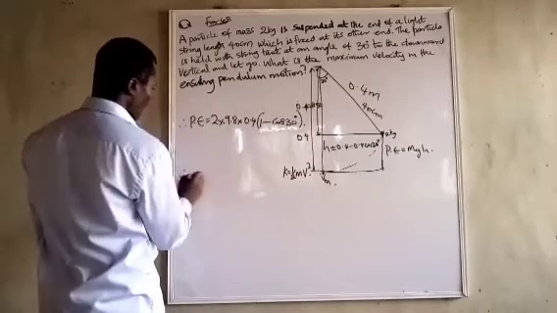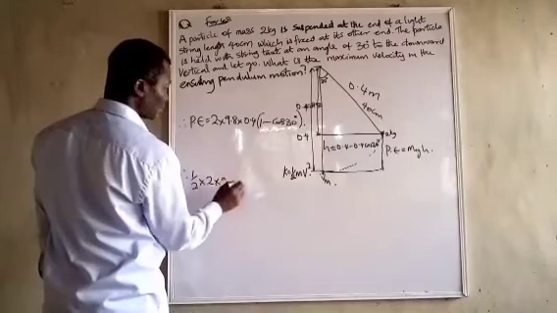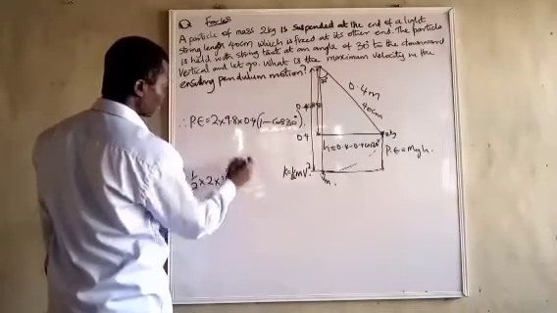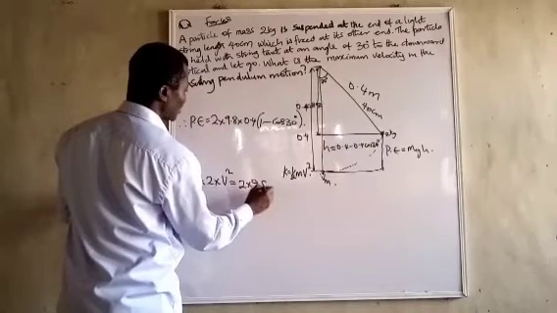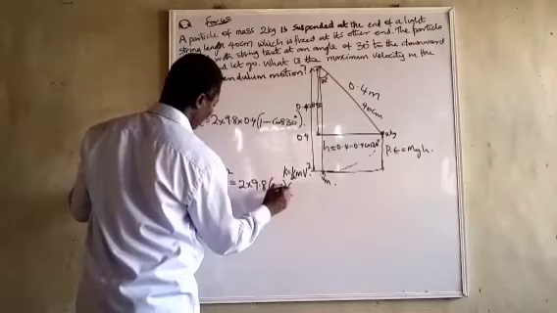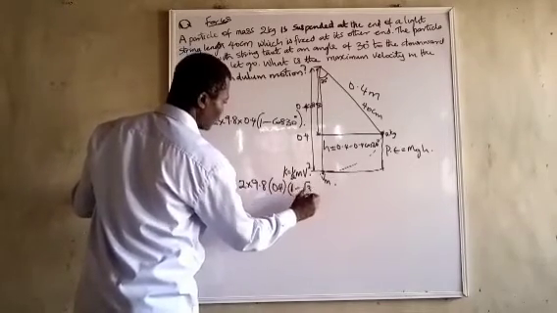And this one is equal to this one. Therefore, half times 2 times v squared is equal to 2 times 9.8 into 0.4 into 1 minus root 3 over 2.